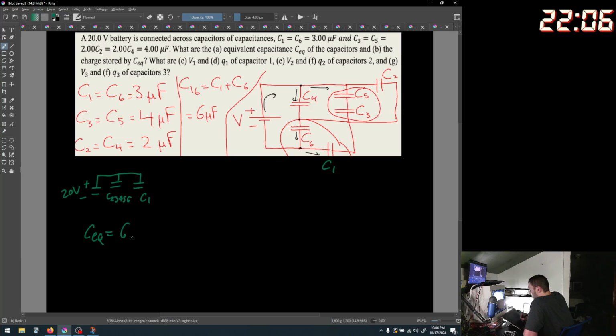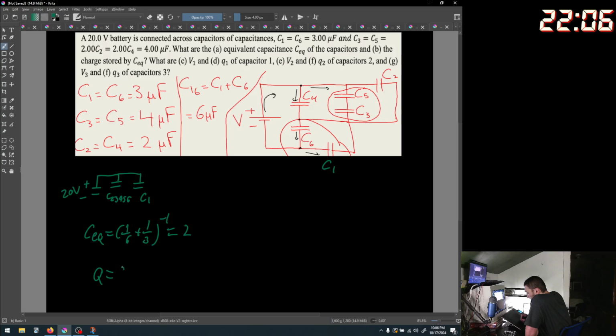C6 is 3. This is going to be 1 over 6 plus 1 over 3, inverse, which is going to be 2.